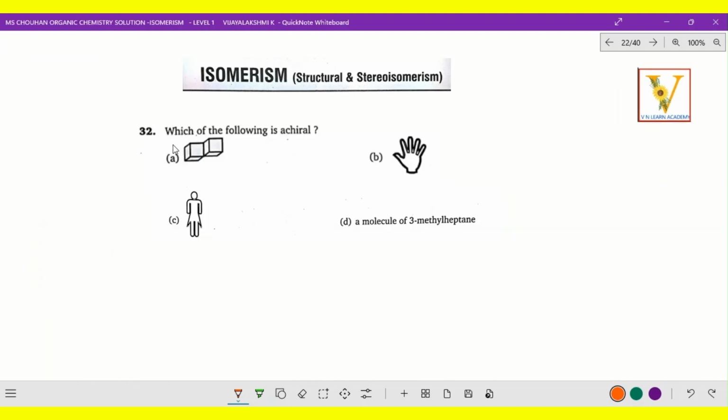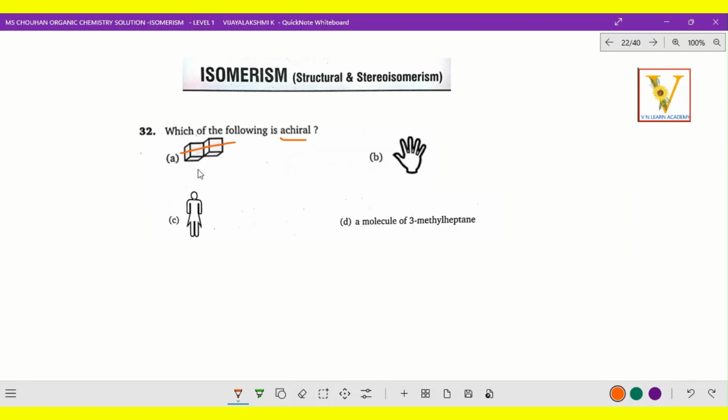It's really interesting. Which of the following is achiral? Achiral means it has to be symmetrical, the same groups attached to the carbon. They have given this structure, a human hand, a human body, and a molecule of 3 methyl heptane. As you see, only when you cut, you will get a similar half.